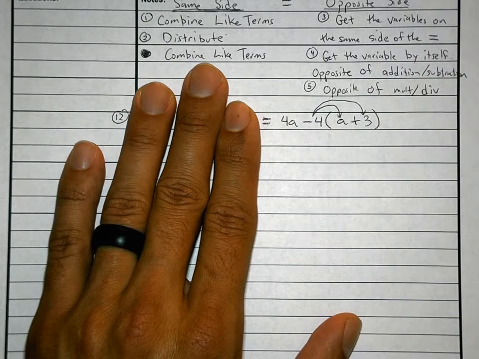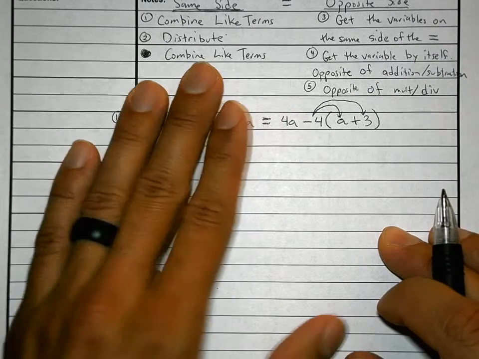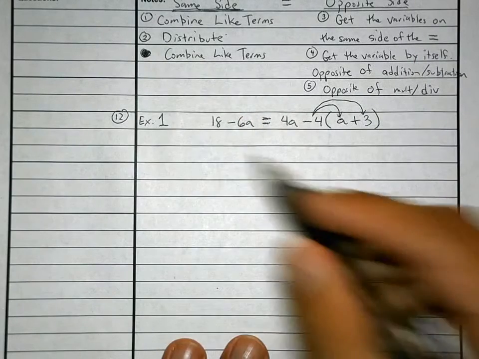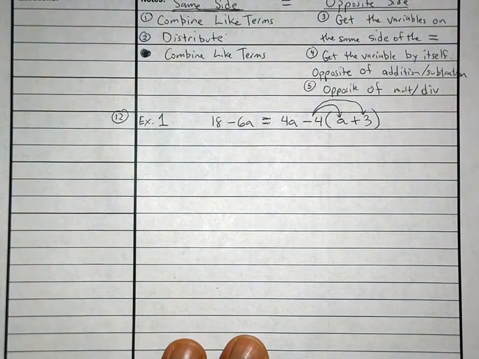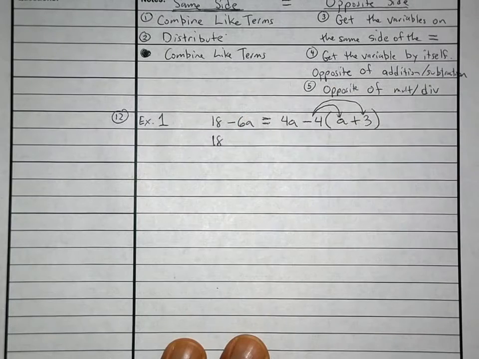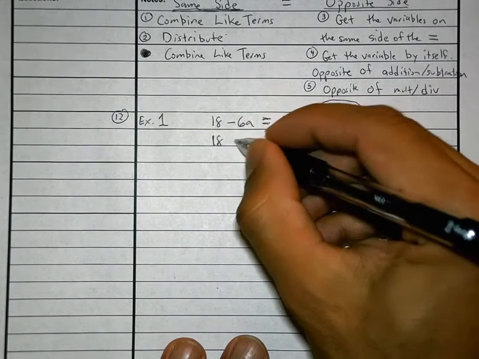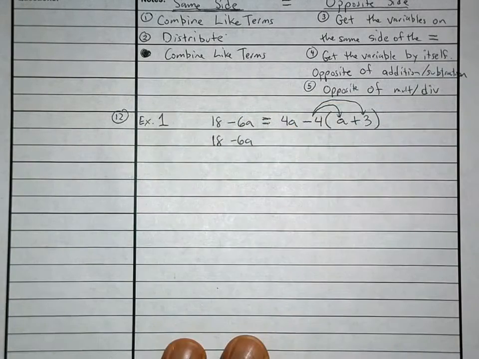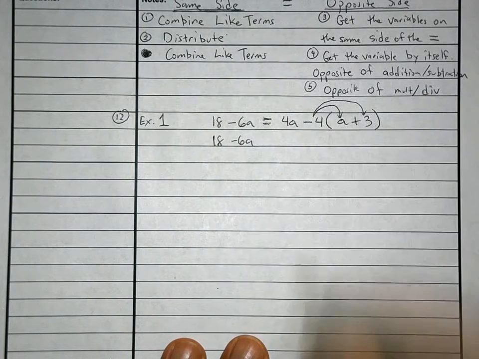Okay. So here's what I want you to do. When you're doing problems, you're going to write everything exactly the same as you do the problem. For example, the 18 doesn't change. We haven't done anything to it. Then minus 6a hasn't changed. Write that down. The equal sign hasn't changed. Write it down.